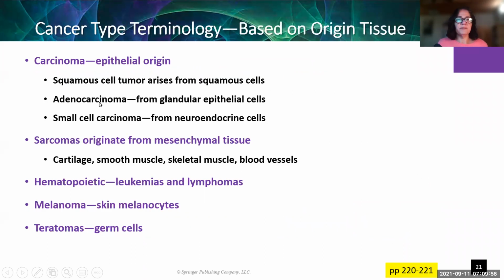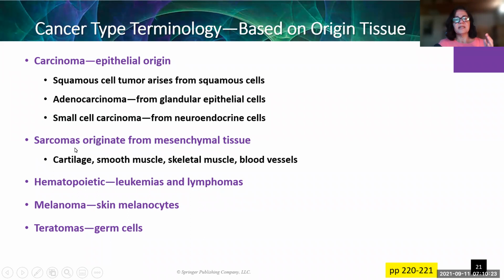More terminology. Many cancers originate from the epithelial tissues. So usually we think of epithelial tissues as the skin, but they're actually everywhere, lining all of the ducts of all of the glands. Those are all cells of epithelial origin. So carcinoma is the term for cells that come from epithelial origin.